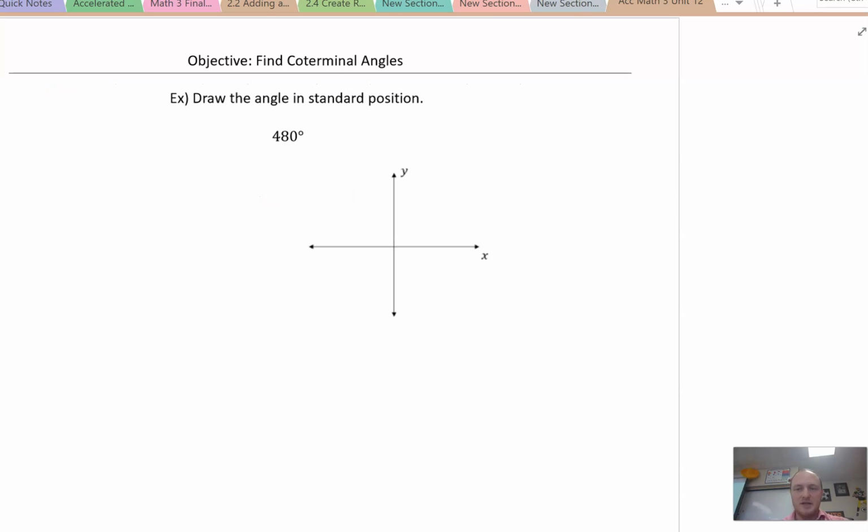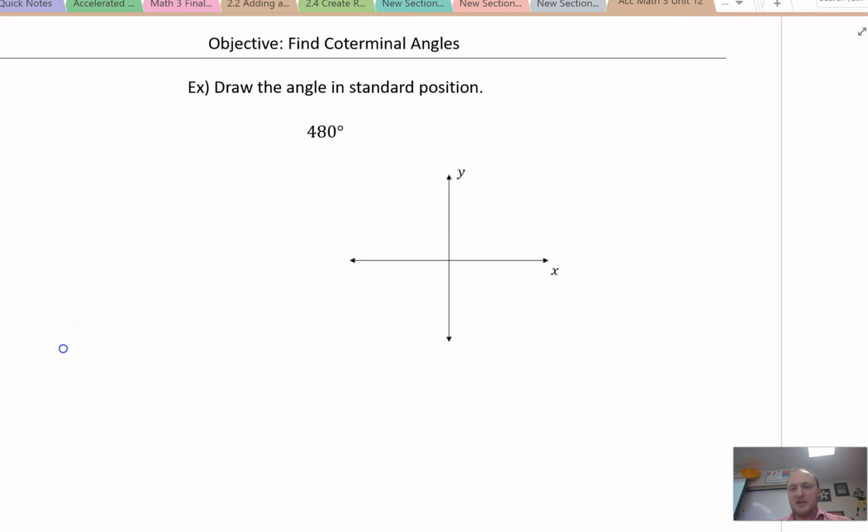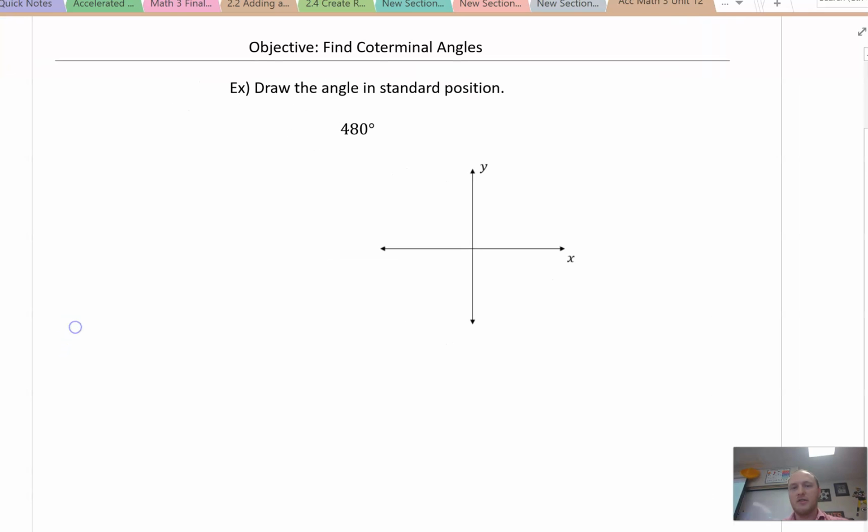All right, next example. Here's the last kind of topic. They want us to draw these angles in standard position. So again, what's helpful is, I have no clue where 480 is, but if I break this down into what it is going to be in the first revolution, kind of doing what we just did, if I subtract 360, that is 120 degrees.